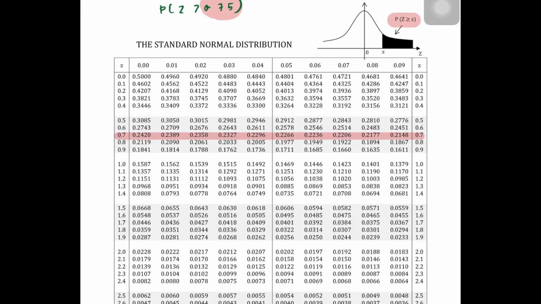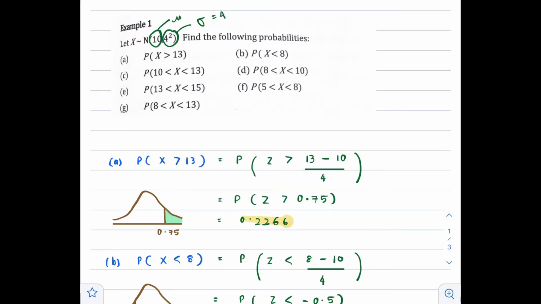And then the second decimal place is 5, so refer to 0.05 here. The intersection value is your answer for that question, which is 0.2266. This is your answer from the table given. Okay, that's how you refer to the normal curve table.